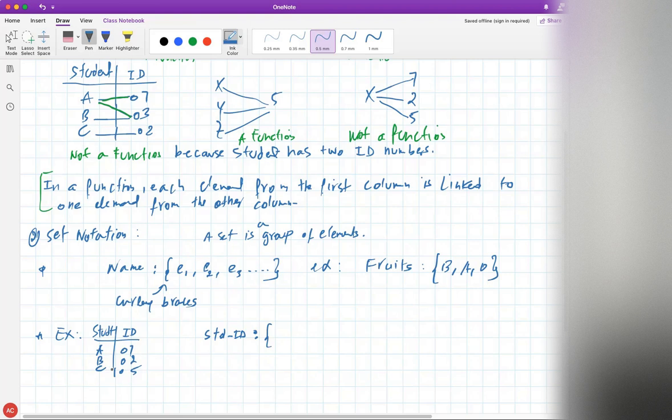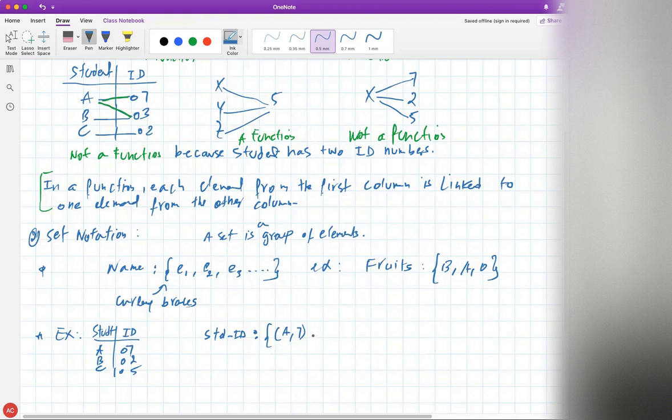So what is the first element or pair of this table? Everybody, what is the first element? A01. A, 01 or 07, whatever it is. Okay, make it 7. That's our first element. First element here is a pair, so 1 pair. Once you're done with the first element, comma, and the other element.